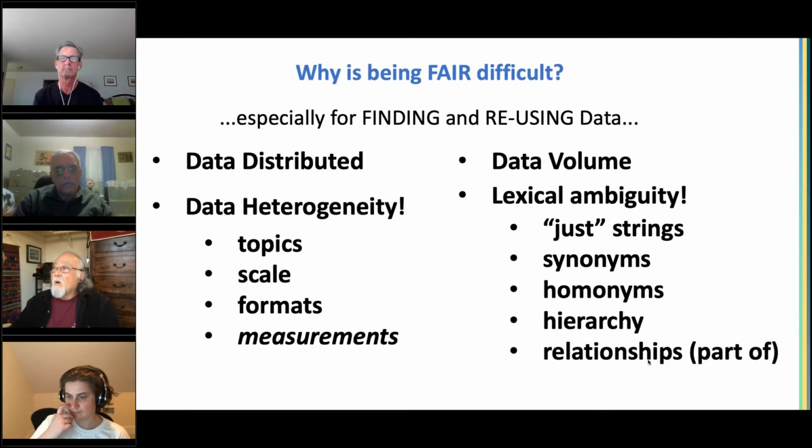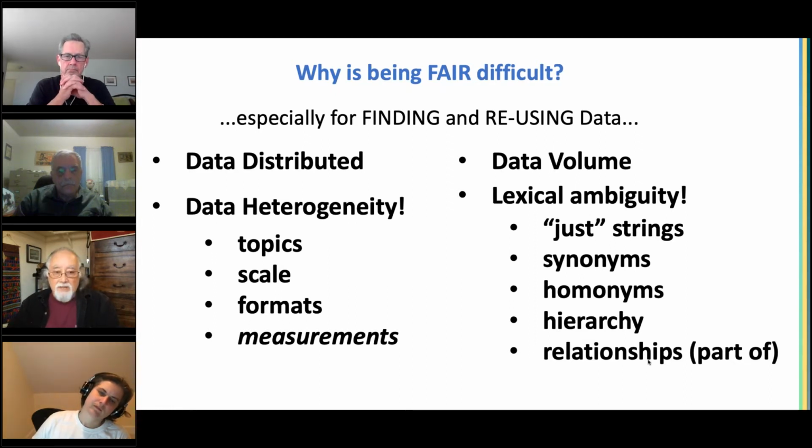And we can say, well, what's so difficult about that? And the problem, we've already alluded to it, is the data are distributed. They're highly heterogeneous. There's lots of data out there. So really being able to sift through and find the data that you're interested in, the data you need, it's not trivial. And then finally, the way that data are described has what they call lexical ambiguity.